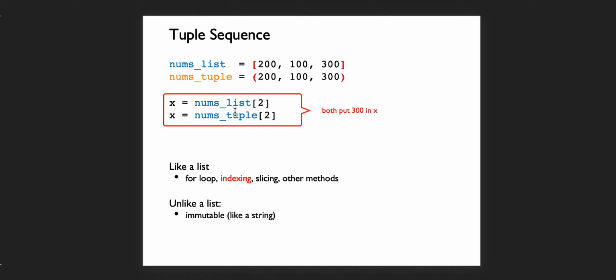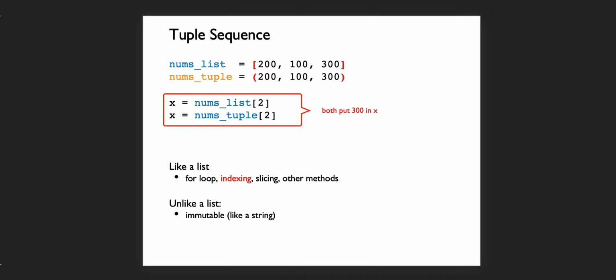For instance, if you try to index into the list, an example here being the nums list containing the entries 200, 100 and 300, and we have the similar counterpart, nums tuple, with the same entries. You can index into each of those types by saying nums_list[2] or nums_tuple[2], both of which return the value 300, which is stored in the variable x here.